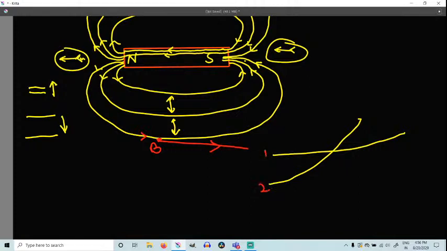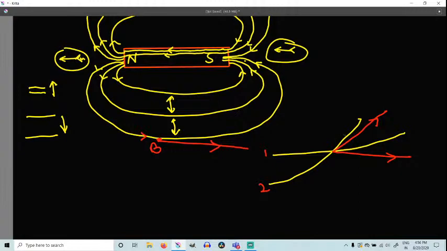When I draw a tangent with respect to field line 1, my direction will be this. On the other hand, when I draw a tangent with reference to magnetic field line number 2, the tangent will be like this, and the direction will be this, which shows that the magnetic field has two directions at this very point, which never happens. Got it?